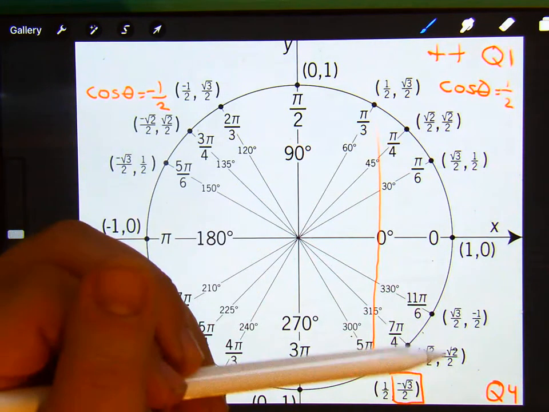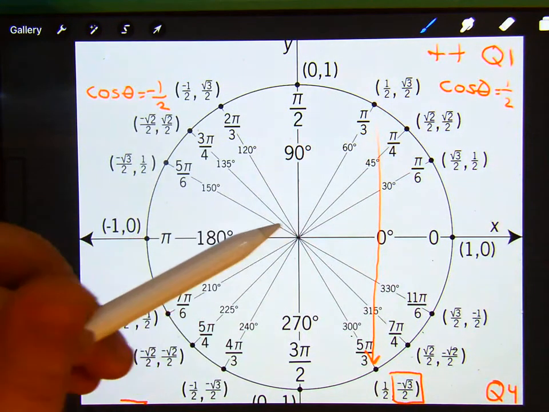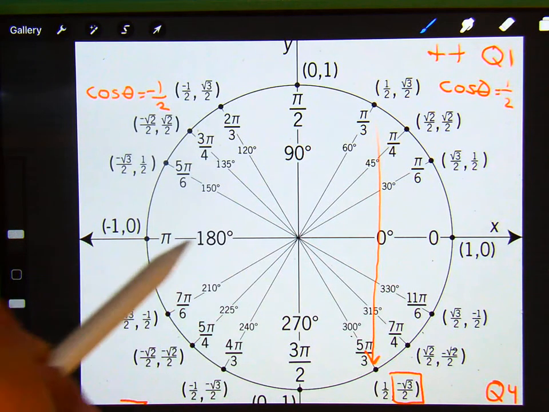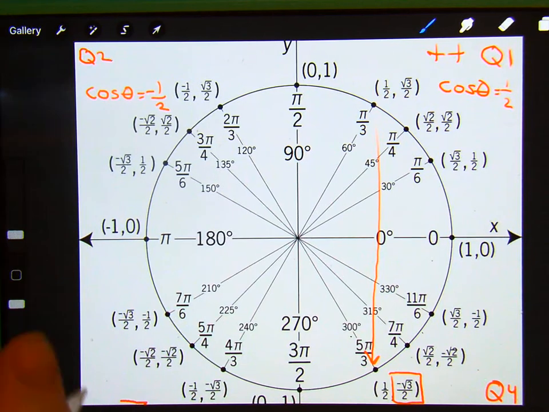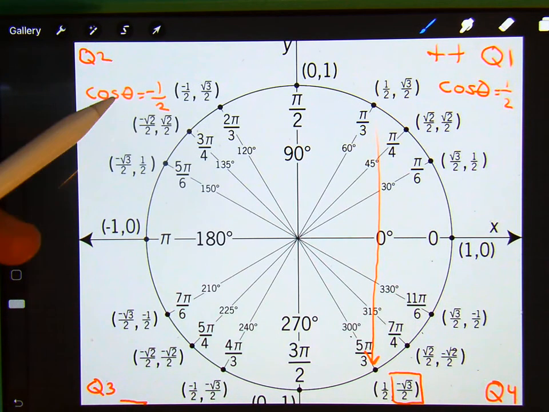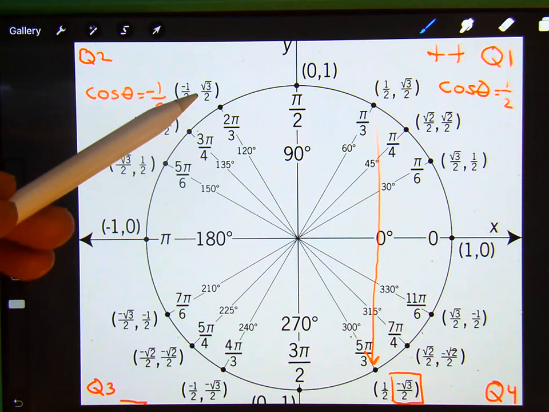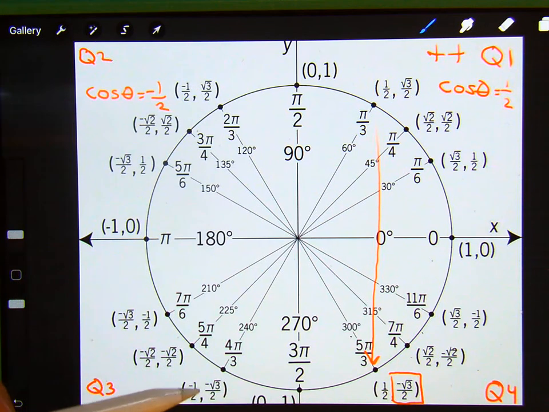Whether the sine is positive or negative, the x, or my cosine, is positive. So if I say cosine is negative, that automatically means I must be dealing with either quadrant 2 or quadrant 3. And that's going to determine whether my sine is positive or negative.